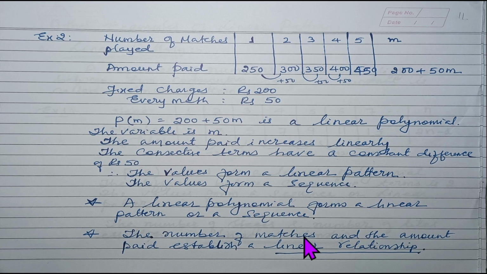The number of matches and the amount paid establish a linear relationship. This is very important here. Now the amount paid is a function of m, and m is the number of matches played, and therefore we say there is a linear relationship between the number of matches played and the amount paid.